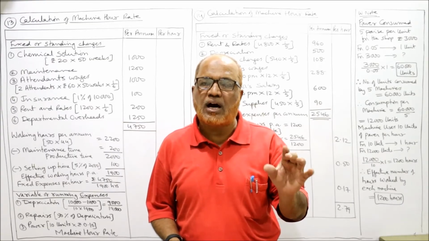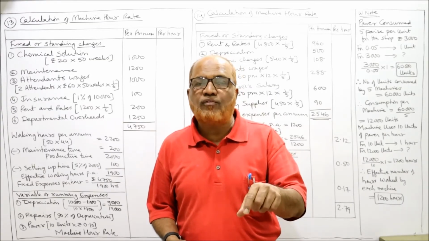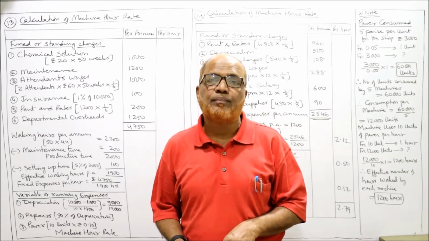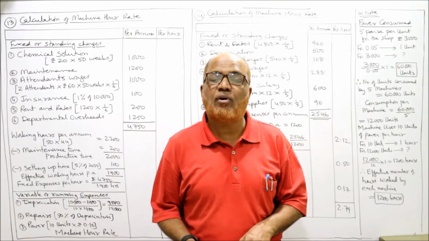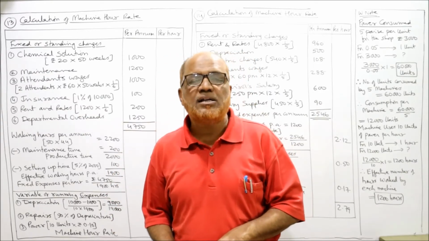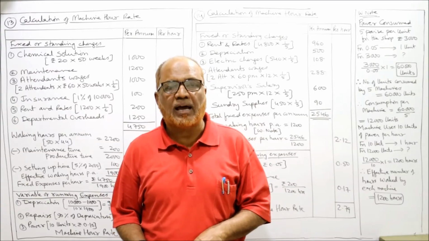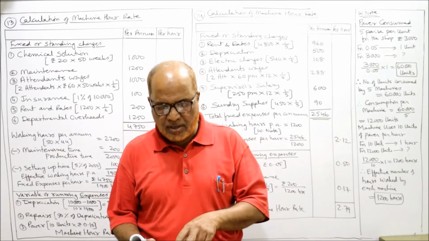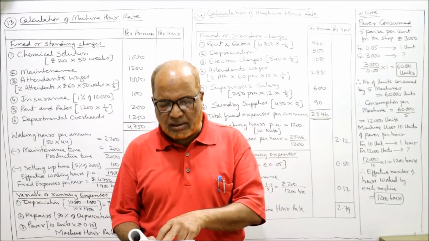Total number of working hours are 2,200. Out of 2,200, 200 hours are the maintenance time. So deduct the maintenance time. We want the effective time. So 2,200 minus 200 maintenance time, if you deduct, we'll get the productive time, 2,000 hours. No other loss of working time is expected.